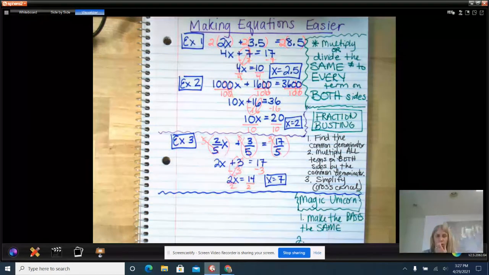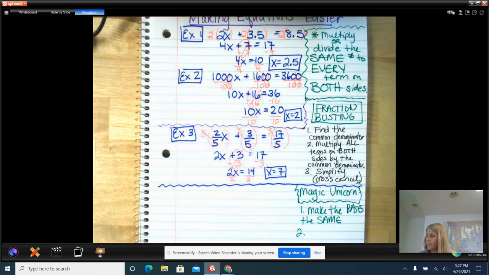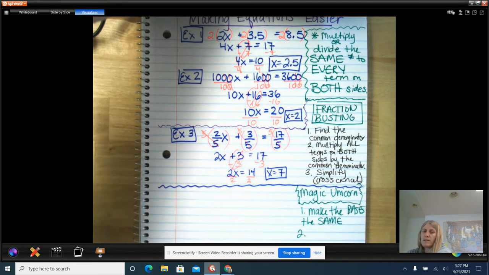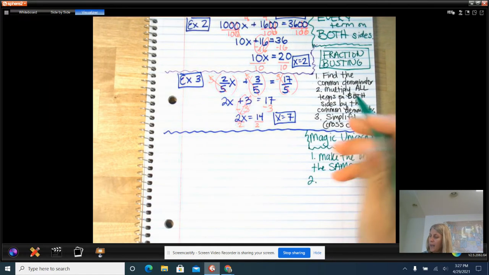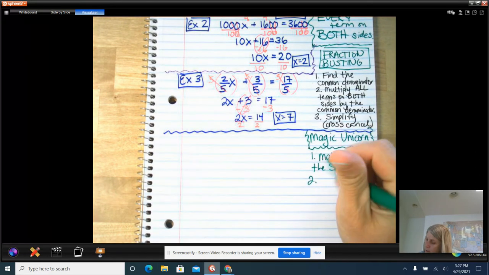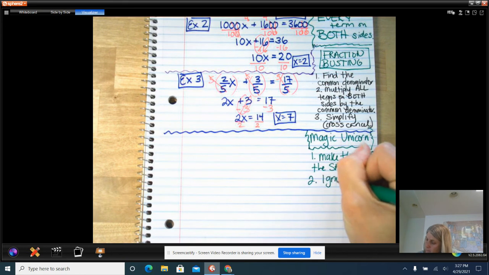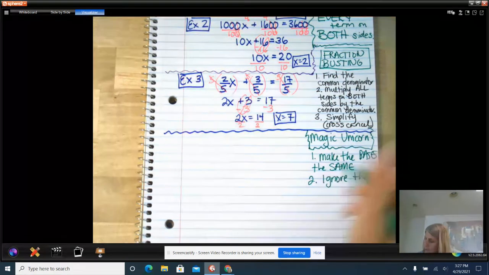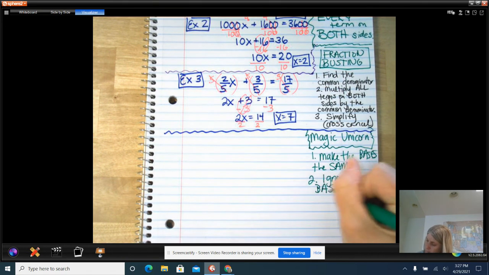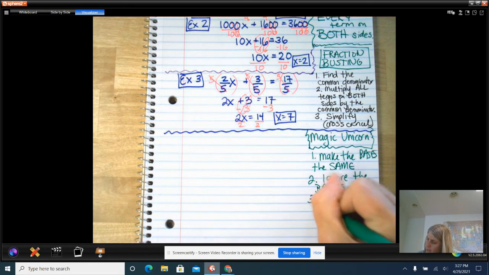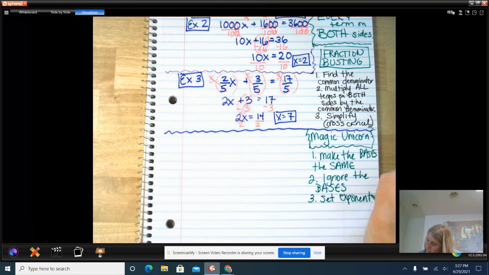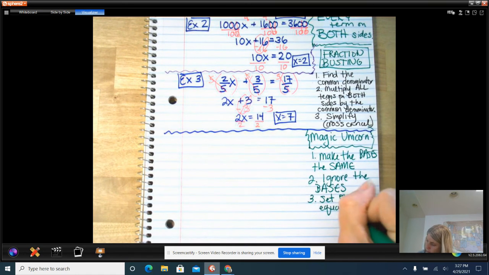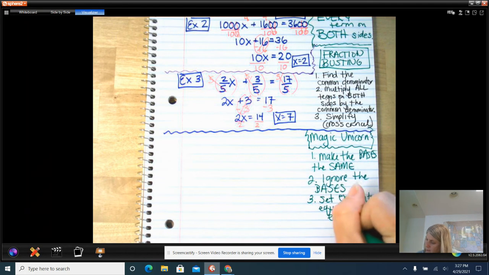And step number 2 for magic unicorn is to ignore the bases. Step number 3 is set the exponents equal to each other.